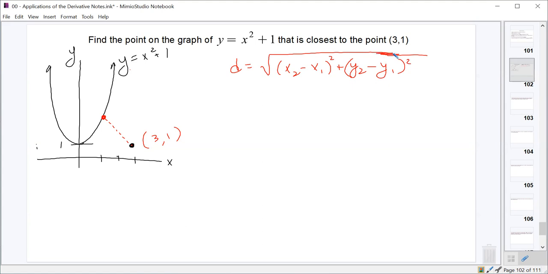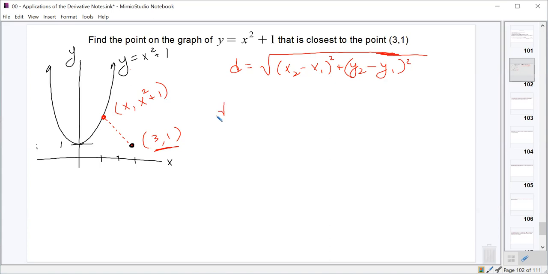This is just the Pythagorean theorem converted into the distance formula. We need two points in order to write this equation. One of those points is pretty obviously going to be (3, 1). The other will be some generic point (x, y) on that parabola, so (x, x squared plus 1). We're going to write a distance formula equation using those two points.